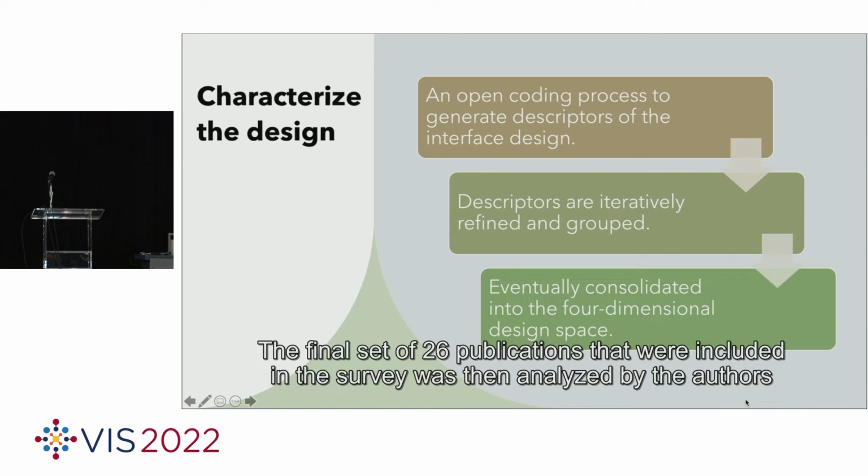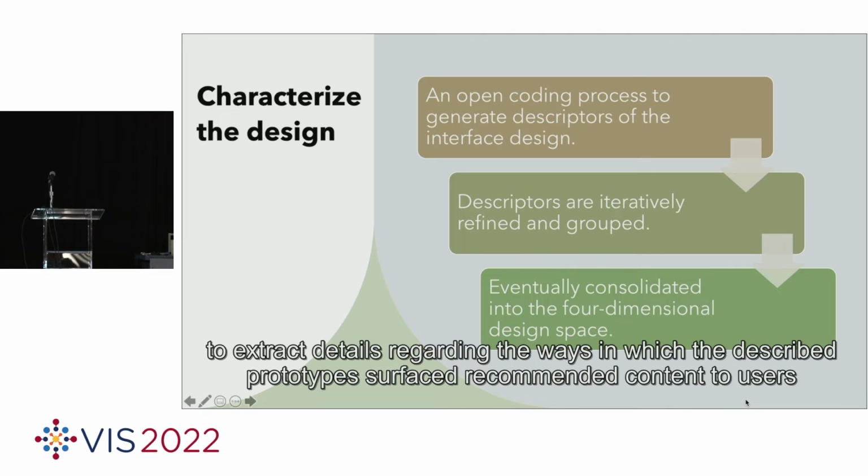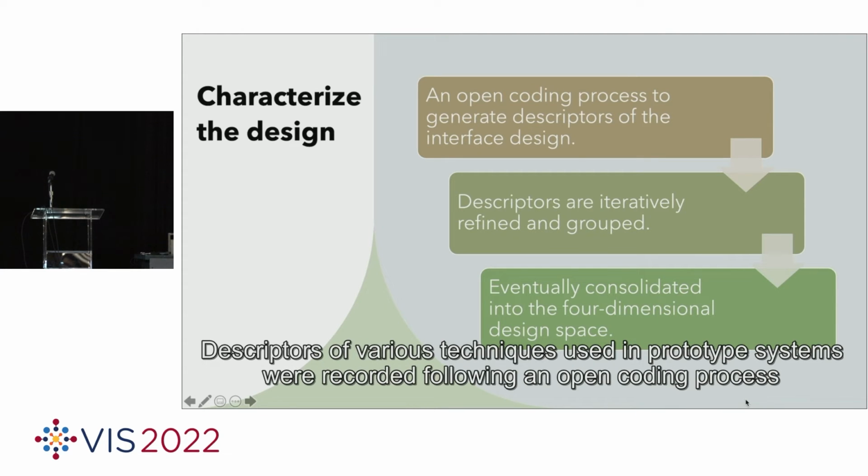The final set of 26 publications that were included in the survey were then analyzed by the authors to extract details regarding the ways in which the described prototypes surfaced the recommended content to users. Descriptors of various techniques used in prototype systems were recorded following an open coding process.